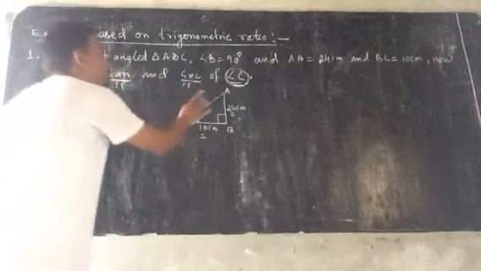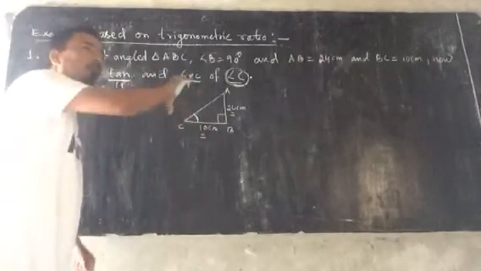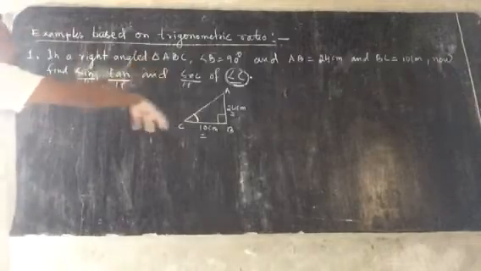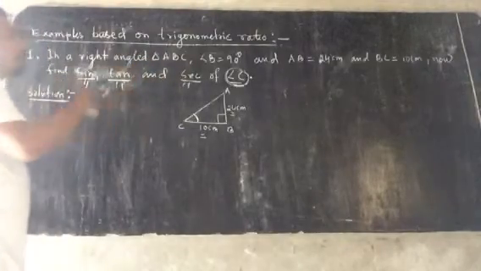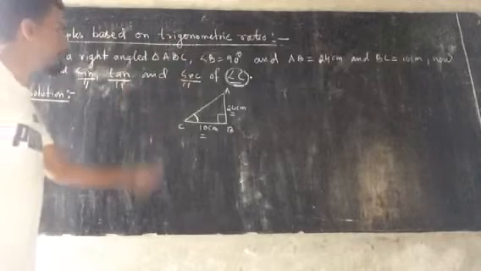If the values of all the sides are not given, your first duty is to find them. When you obtain all the sides, it is very easy to find the ratios of any acute angle of any right angle triangle.